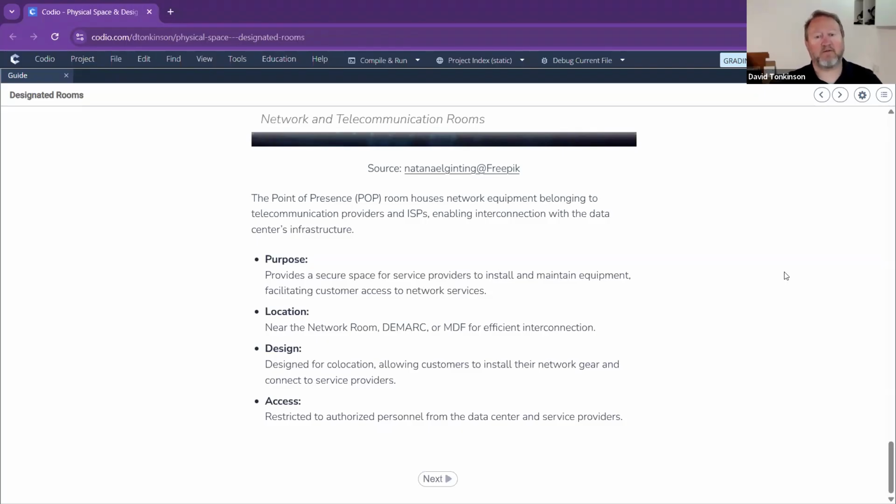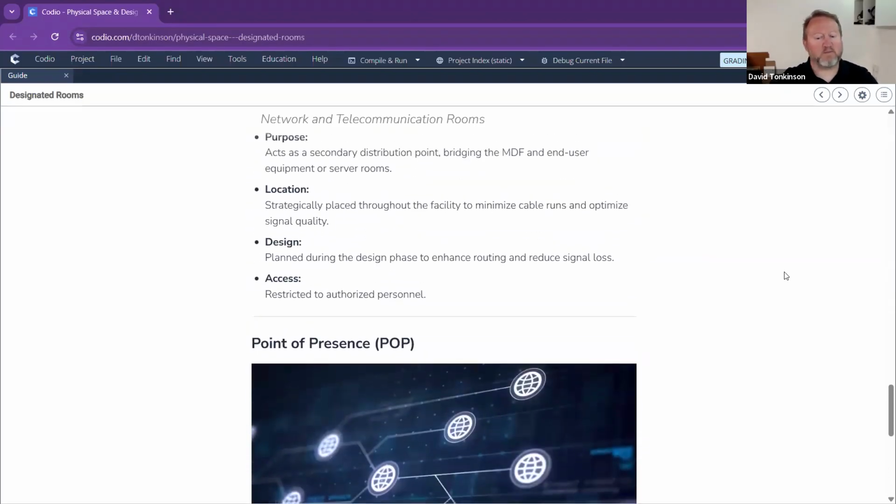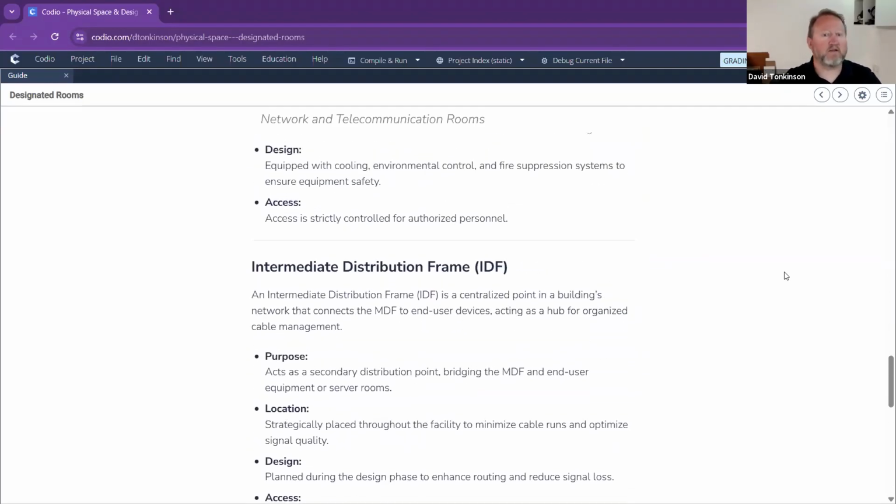Certainly the MDF will have the bigger kit, and these will be multiple switches that are more than capable of handling 240 network connections, I believe. It's that sort of direction. Whereas your IDF will contain smaller items, such as 24-port switches, 24, 48 ports, that come from the individual rooms themselves.